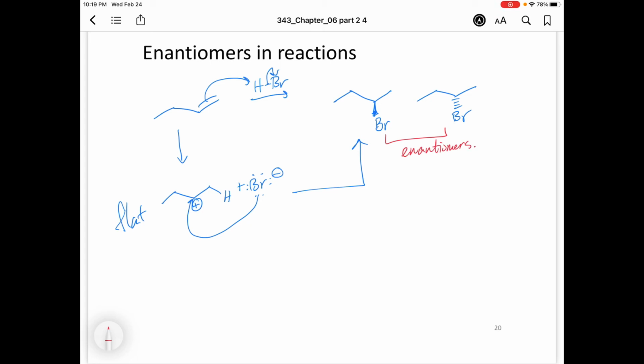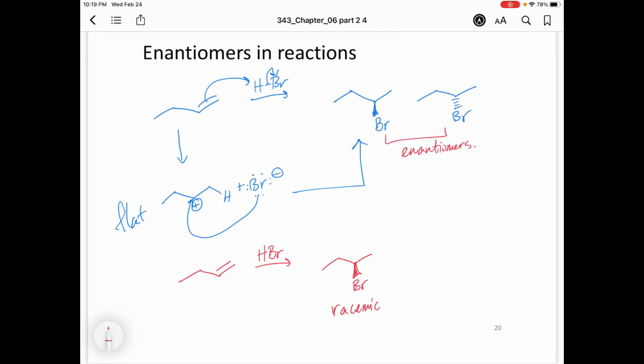Instead of drawing this as a product, you could also draw the reaction as follows. Gives you this product, and you can write the word racemic.